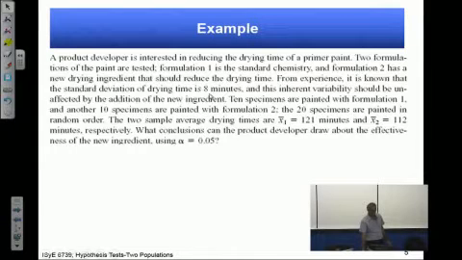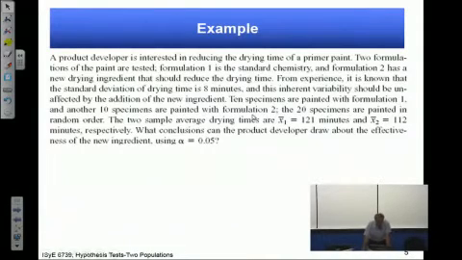Okay? As I said, from experience, from historical data, whenever you hear these words, it means this is sigma squared, not S. Okay? And 10 specimens are painted with formulation 1, and another 10 specimens are painted with formulation 2, which means N1 and N2 are equal. Both of them are 10. And there is also one more important sentence.